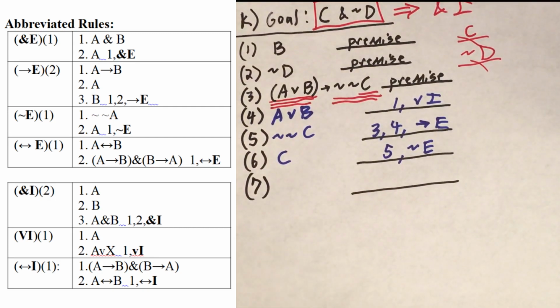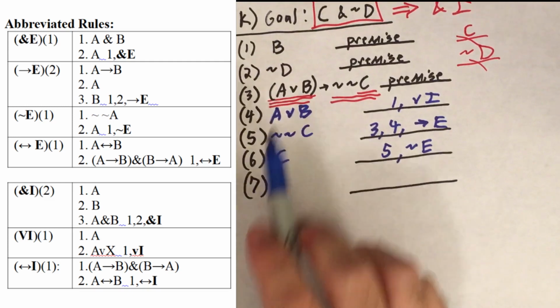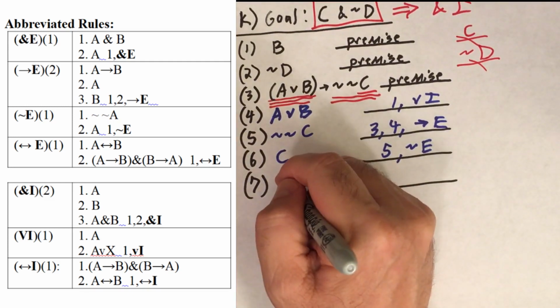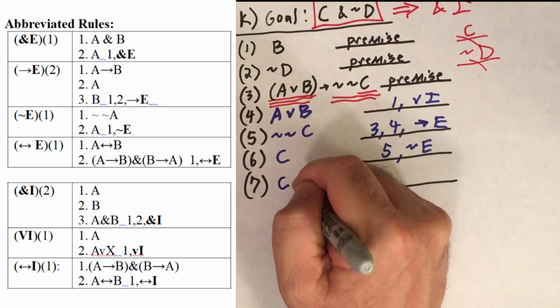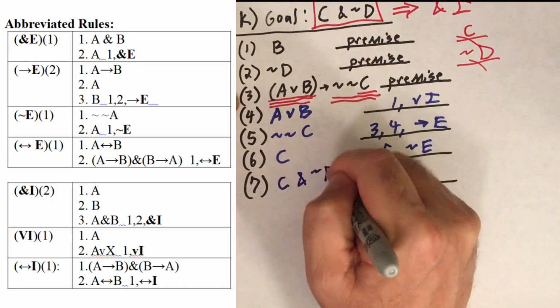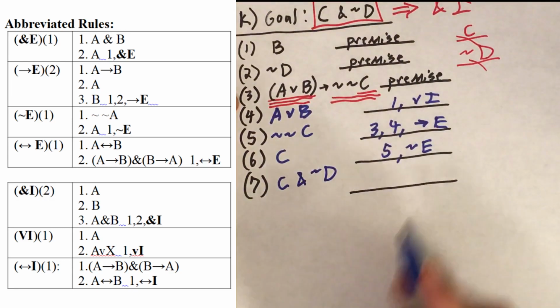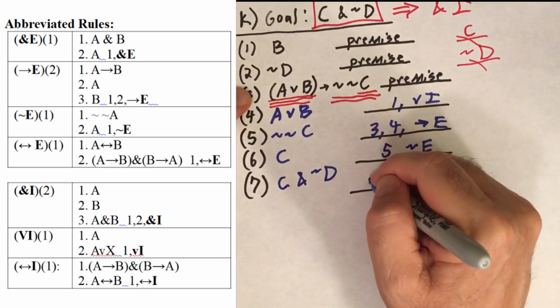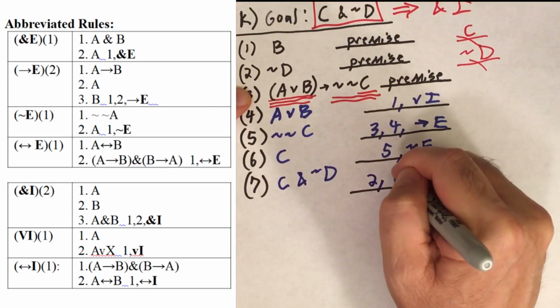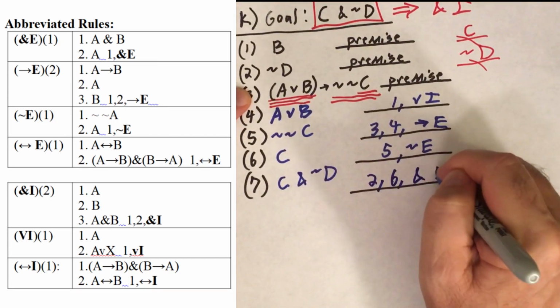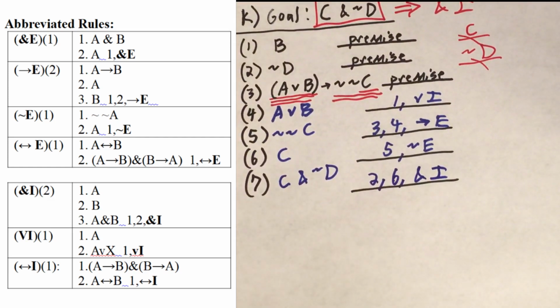So what do I need to do? Simply put lines 2 and 6 together. I have C from line 6 and negative D from line 2. That is my full goal. What did I do? I used 2 and 6 and the AND introduction rule. And I win. That is my goal. It's justified. That is how many lines are required to justify it. I'm good.